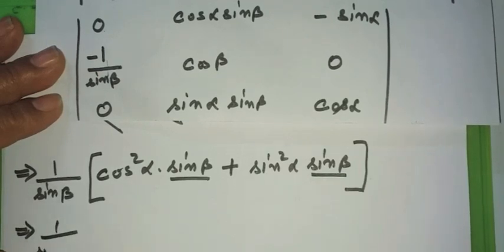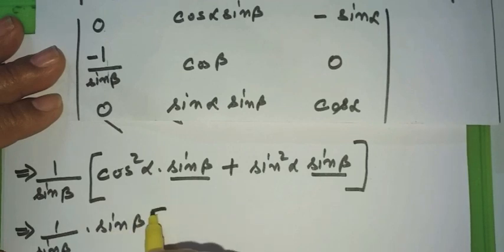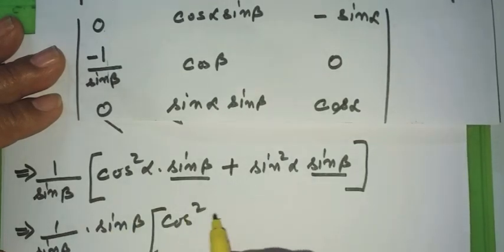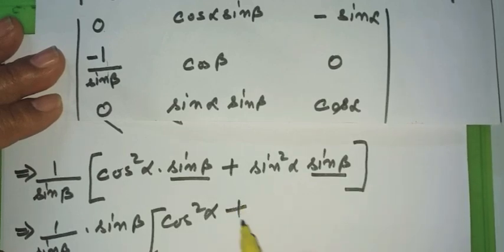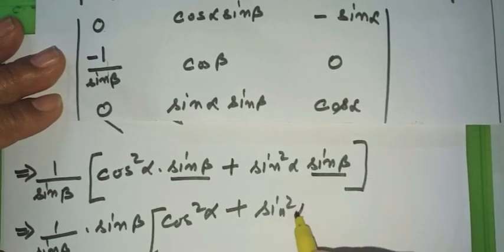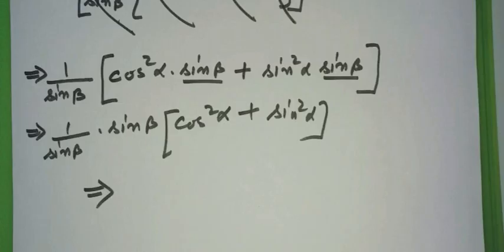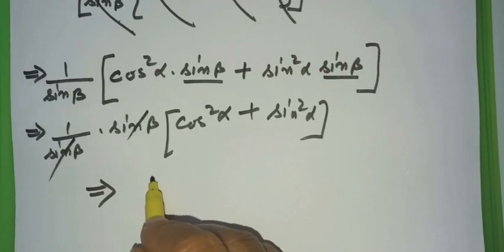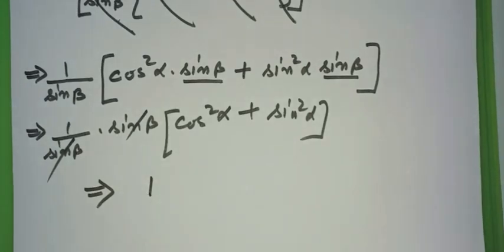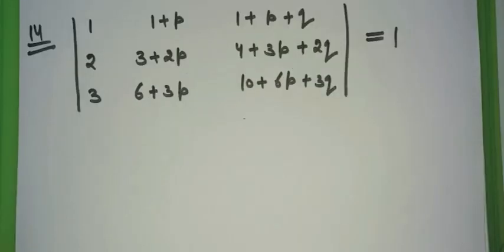So this becomes 1 upon sine beta into sine beta, and we are left with cos square alpha plus sine square alpha. So sine beta gets cancelled and this identity is 1, which is the desired result.